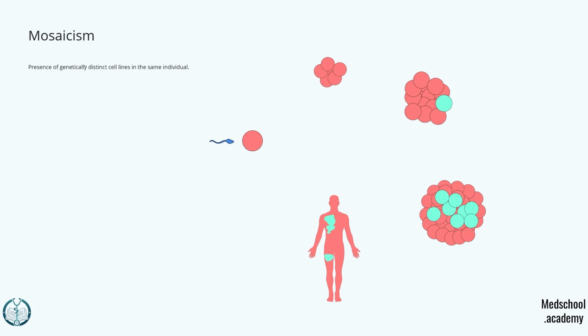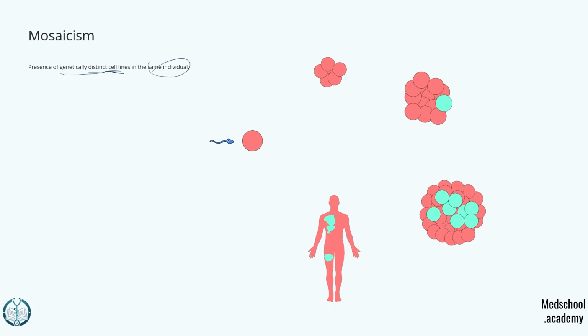Next, we have mosaicism. This is the presence of genetically distinct cell lines in the same individual. So you have more than 1 cell line in your body.